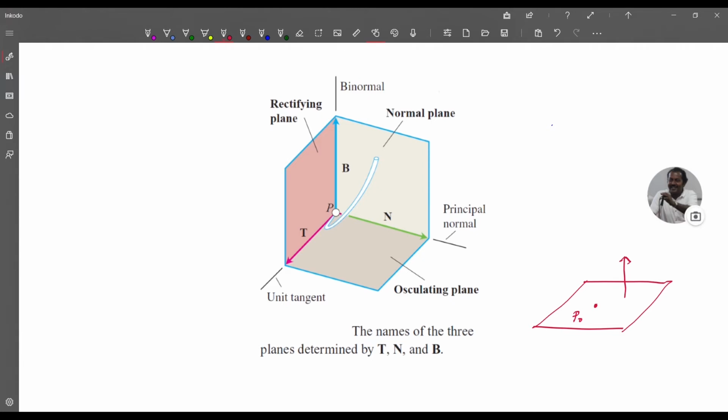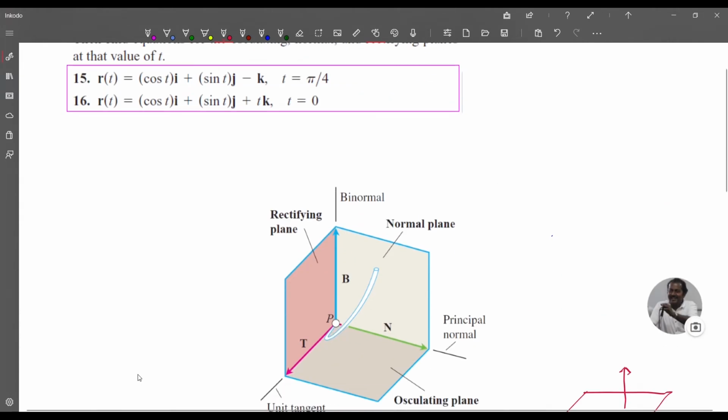And to find the equation of the rectifying plane, you know that N is normal to the rectifying plane and P is again a point on the rectifying plane. So we are finding all these things at t equal to pi by 4.